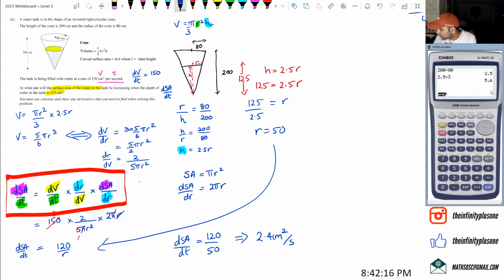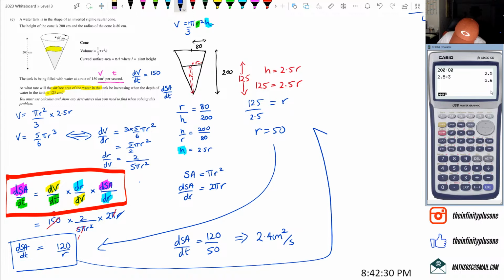How about finding r? Have a look at this one. We said dSA/dt is equal to 120 over r. But our relationship was that h was equal to 2.5r, so r could be said as h divided by 2.5.